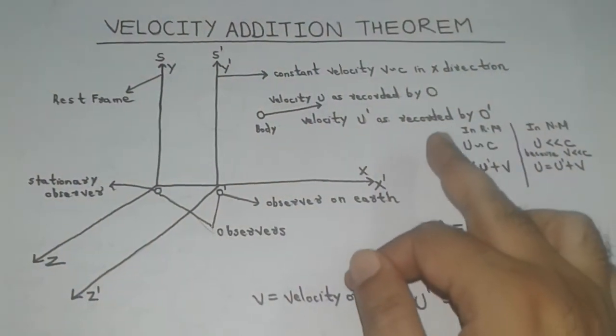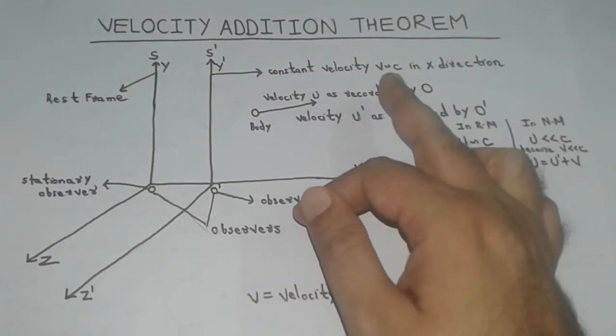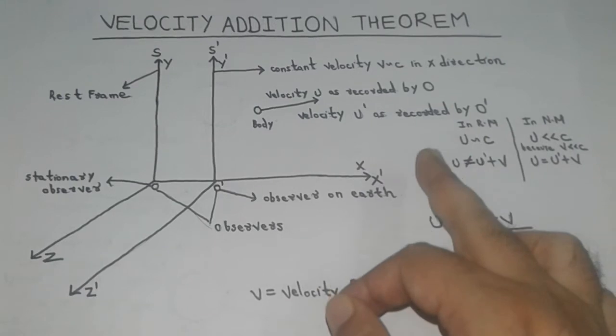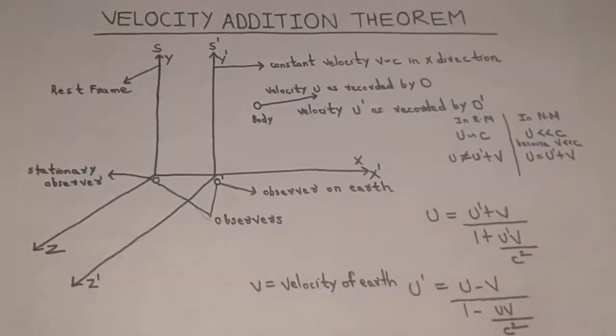But in the case of relativistic mechanics, when one of the velocities is very high, comparable to velocity of light, we cannot add and subtract the velocities in this fashion.